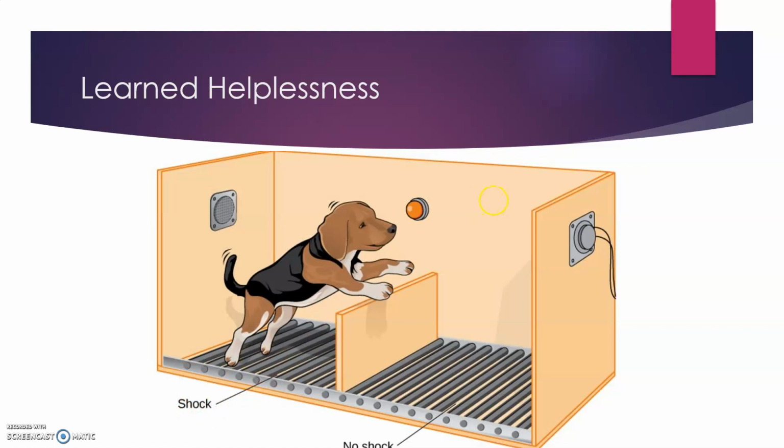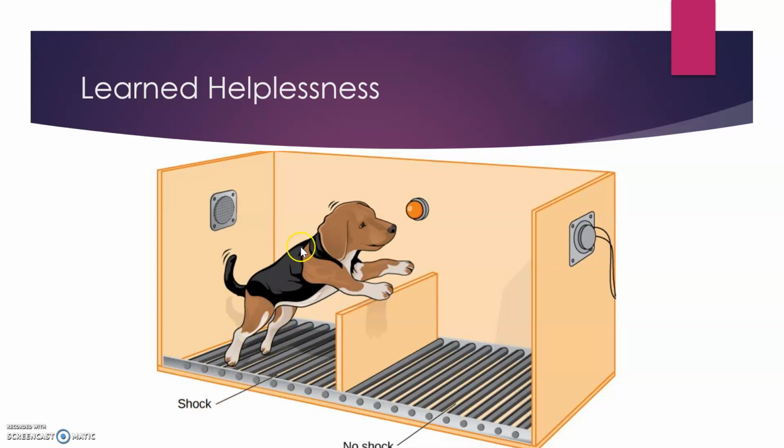So first, the researchers would give this chamber some small electric shock, and the dog quickly jumped over to this chamber with no electric shock. And then the researchers increased this hurdle to a position and completely blocked this dog from jumping over to this chamber. And again, gave this chamber some electric shock.